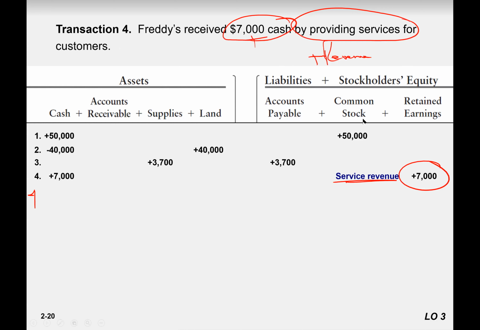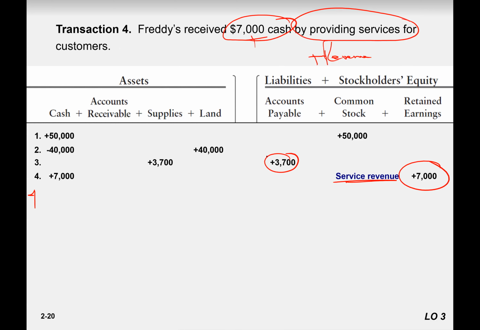Right, guys? Any question? What's the difference between notes payable and accounts payable? The difference is just for interest payment, that's it. On accounts payable, you say, okay, you are going to pay me after 30 days the exact amount.